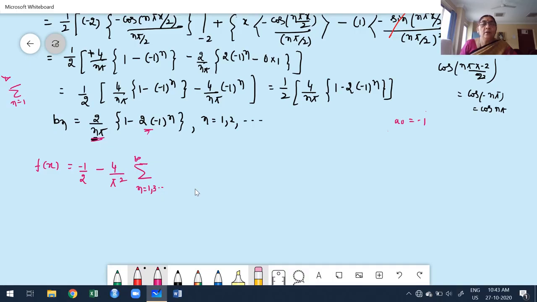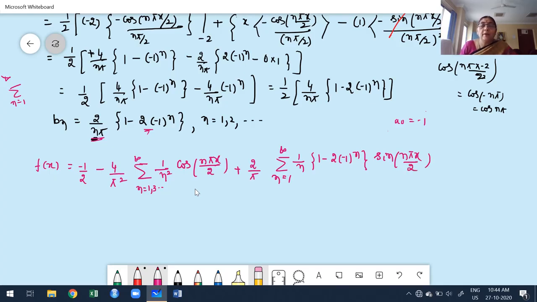Okay, pi, yeah. What's actually 1 by n square cos of n pi x by 2. While coming to this, 2 by pi summation ranging from 1 to infinity 1 by n, 1 minus 2 into minus 1 to the power of n sine of n pi x by 2.